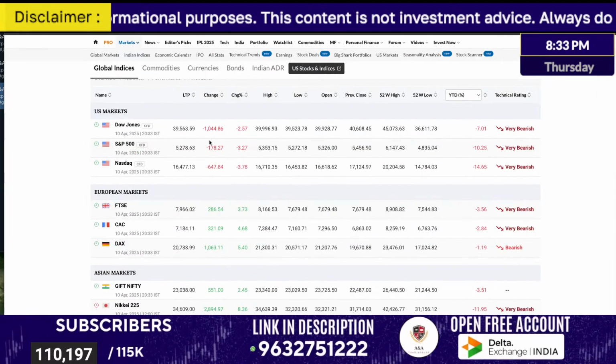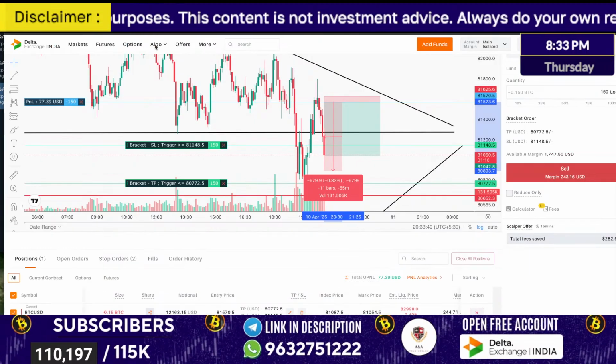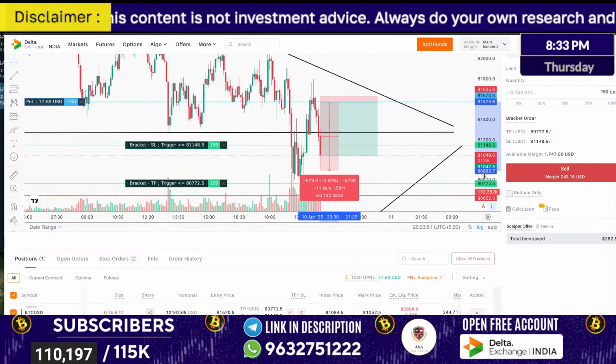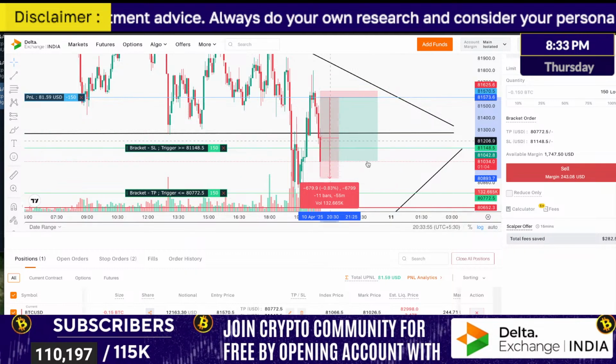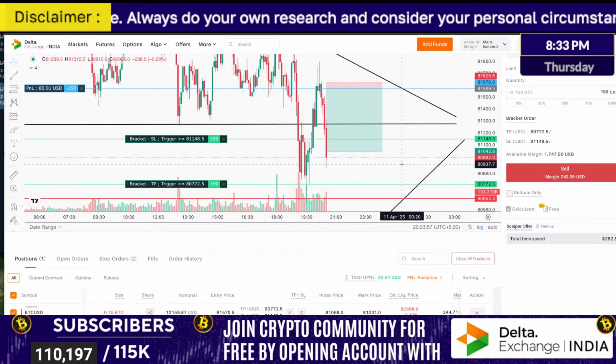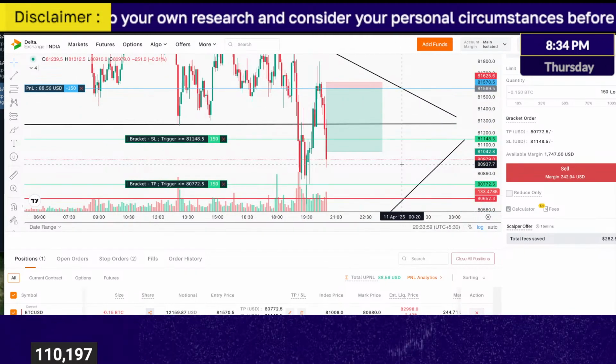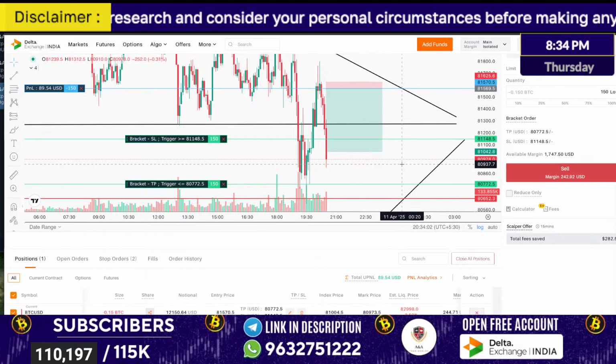Market, what is it? This is not moving. I don't even want to keep my stop loss above this candle. Why lose that extra? No sir, you tell me, because it helps.